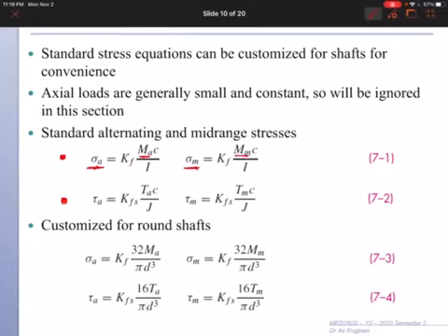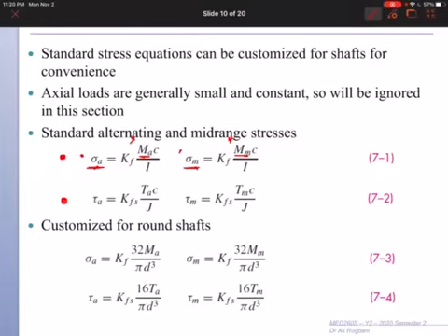So if bending moment is not constant, if bending moment is not fixed, if we have bending moment that increases and decreases between two values, first, of course, you know the maximum value and minimum value for bending moment. Calculate alternating bending moment, calculate mid-range bending moment, and next step, calculate alternating normal stress and mid-range normal stress.